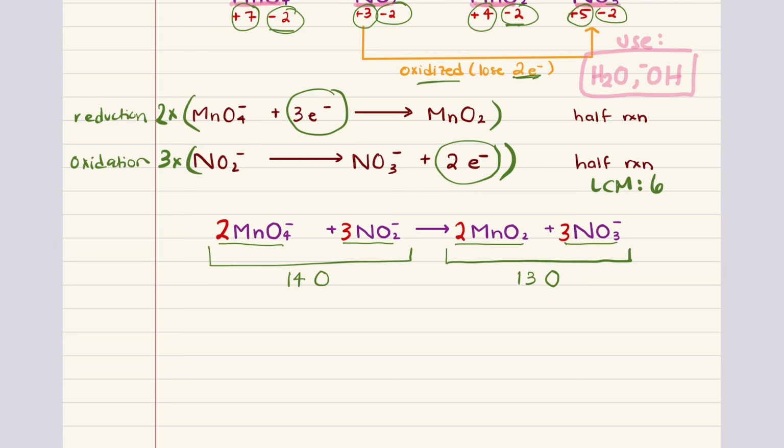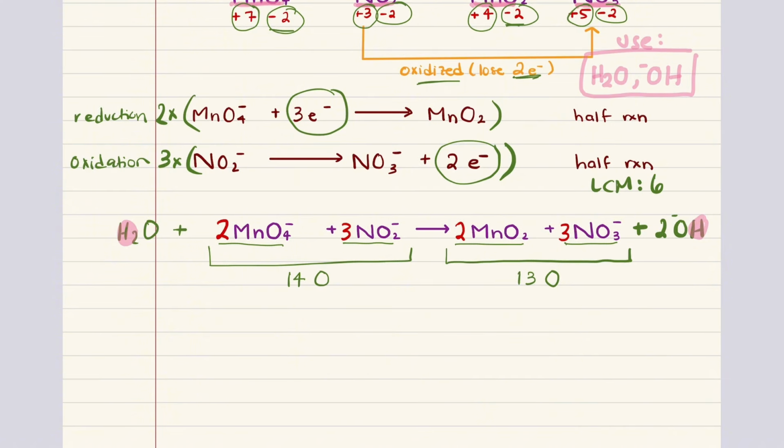To balance this, we add 2 hydroxide ions to the right side, that is oxygen deficient, and we're going to add 1 water molecule to the other side. We added 2 hydroxide ions because we know we eventually have to balance the hydrogens on both sides as well.